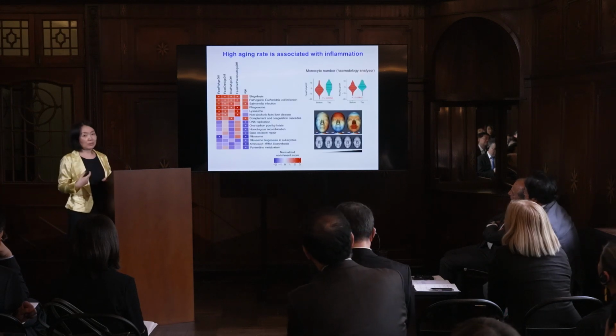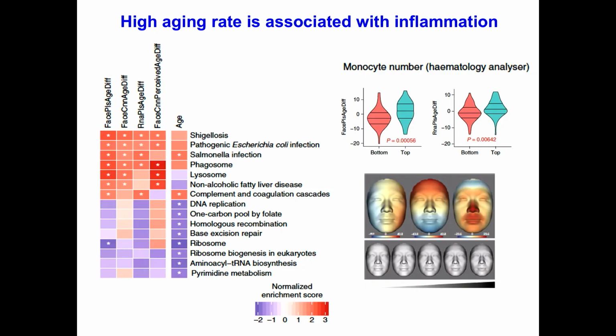And at the molecular level, we're also interested in what is reflected when you look at somebody showing accelerated aging. So to answer that, we also tested the blood transcriptome of the 300 individuals from the Beijing cohort.